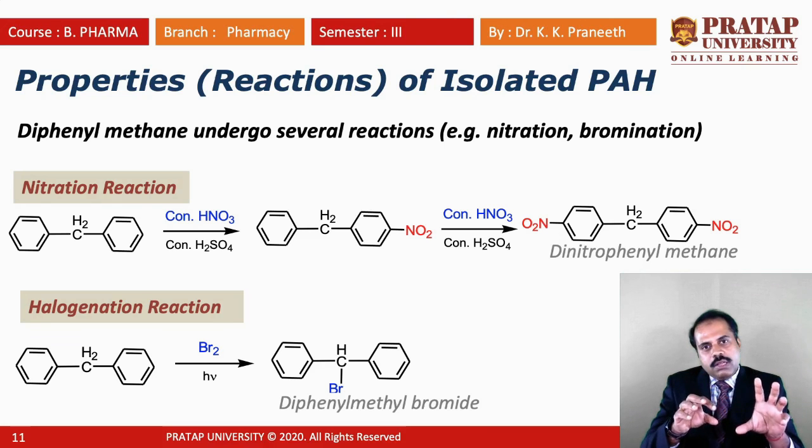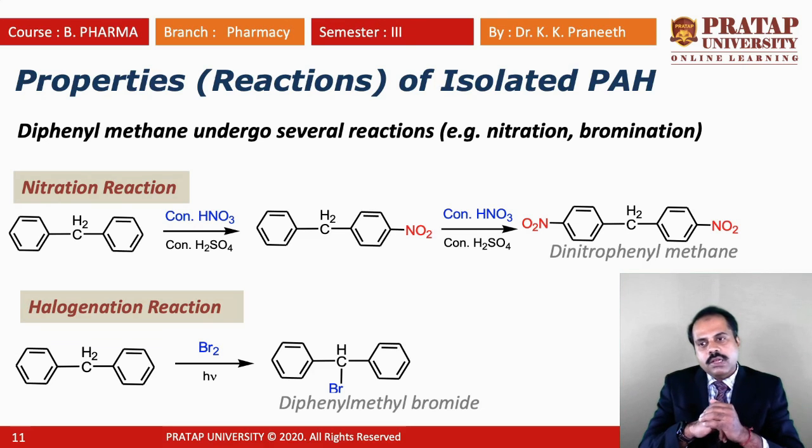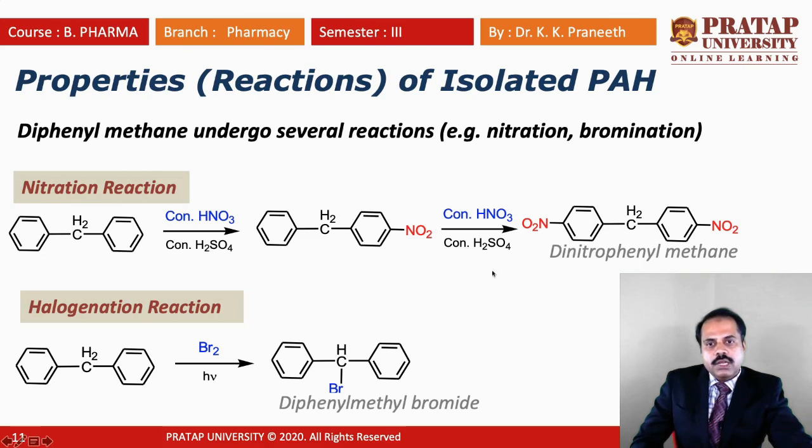And we have also seen the important structures with some three examples of polynuclear hydrocarbons, and also the important classifications of polynuclear hydrocarbons, the preparation methods, and important chemical reactivity of this isolated PAH, and we took diphenyl methane as the example. In the next class we will see more interesting polynuclear hydrocarbons like naphthalene, anthracene, and phenanthrene.